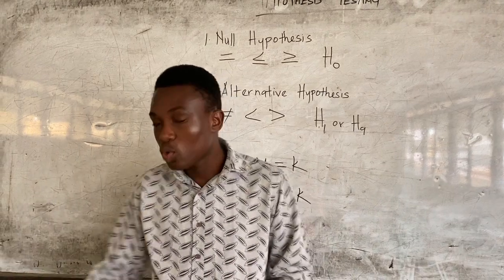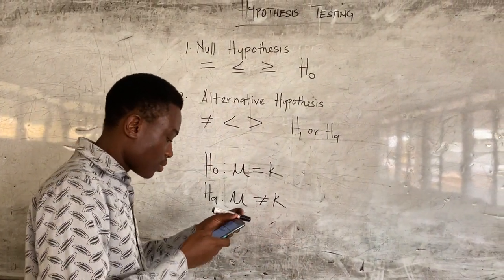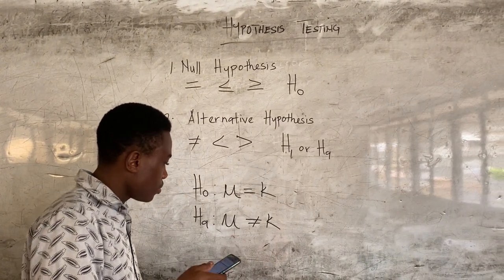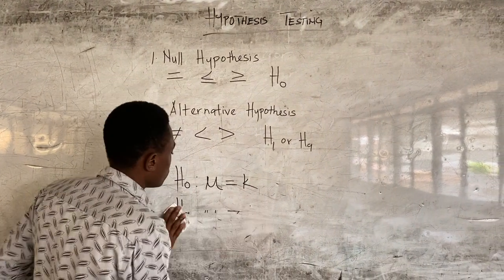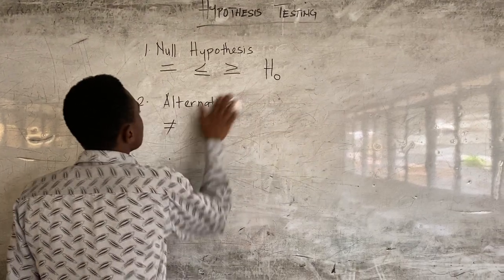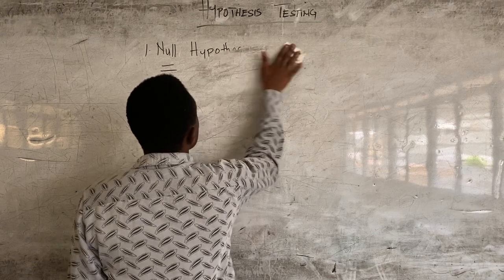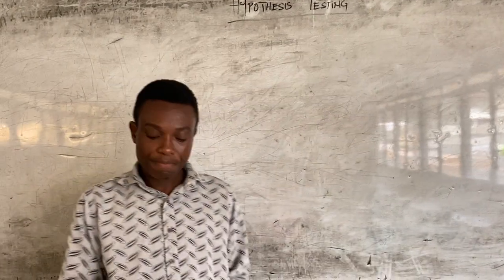Let's take some examples in stating the null and alternative hypothesis. Example 1.